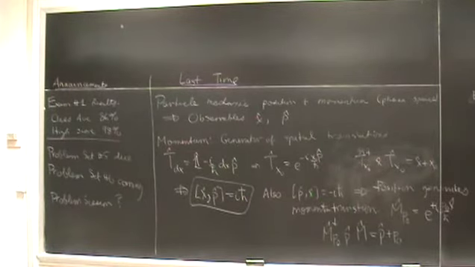So the exponential here with the position operator in the exponent acts as a translation on momentum. Okay. So minus position is the generator of translation in momentum. Momentum is the generator of translation in position.